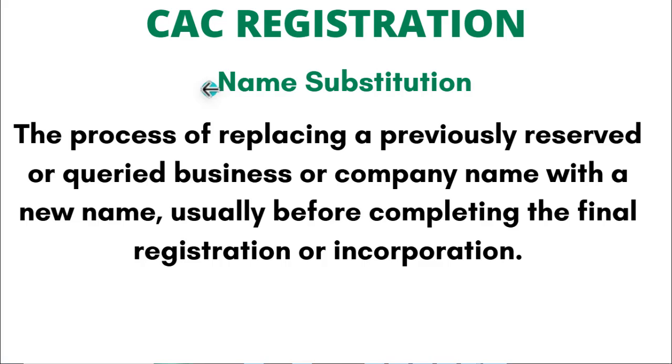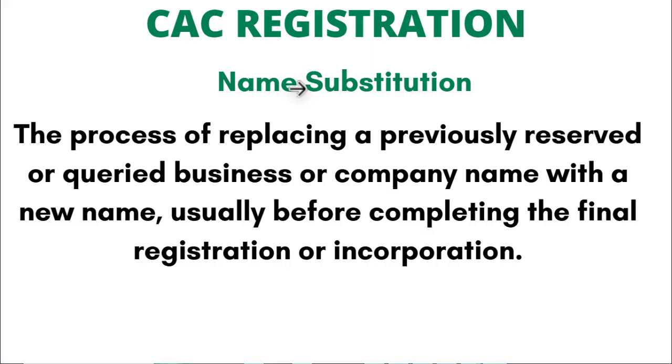One of the major causes is inadequate search from you and even the approving officer for name reservation, because I see no reason why a name, after being submitted for search, they search through their system and approve it, and now when you file it and make payment for the filing fee, it is queried.